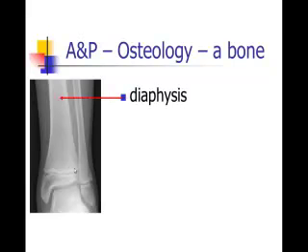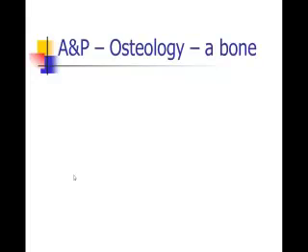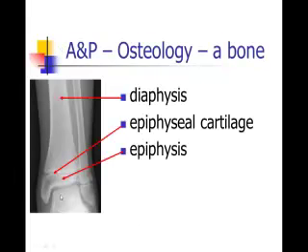So here we're looking at the distal end of the leg. We have the diaphysis of the tibia. We have the epiphyseal cartilage and the epiphysis of the tibia. Okay. Oh, let me go back just a second here. This is the talus, the ankle bone that we were talking about, and this is the distal end of the fibula.